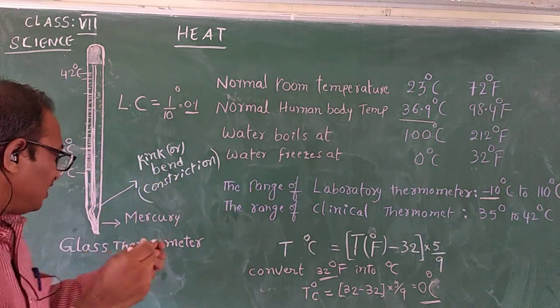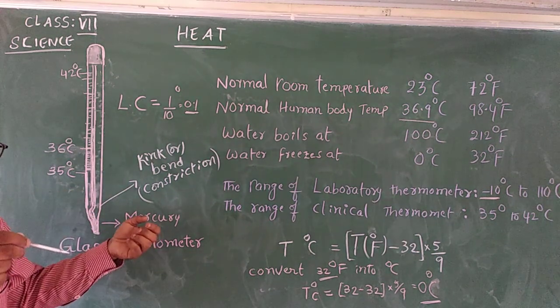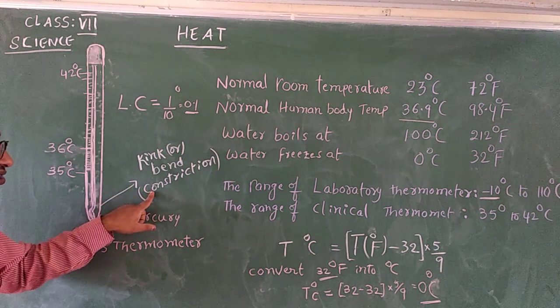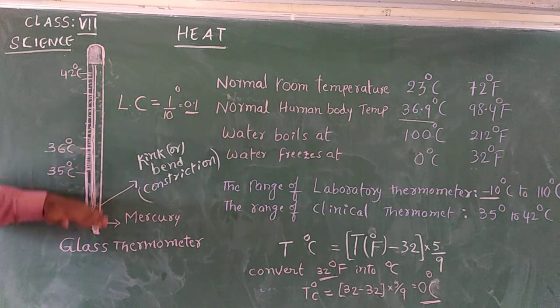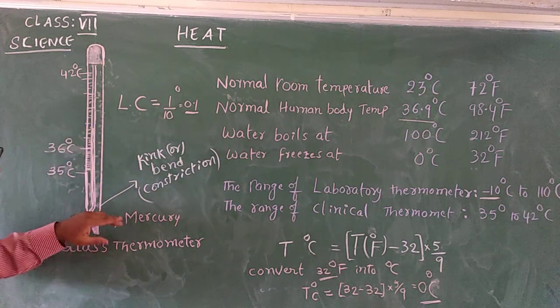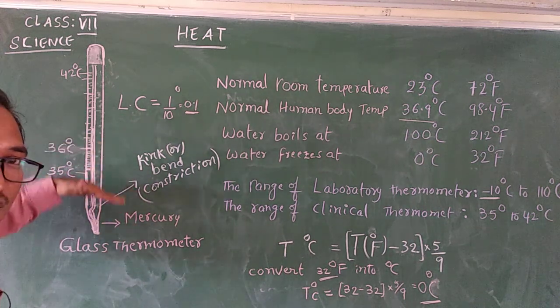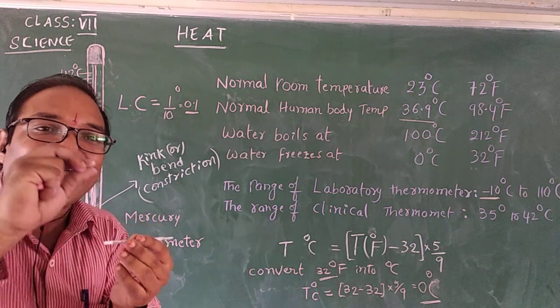By that time, if this kink or bend is not there, the mercury will fall down. This kink or bend, also called a constriction, helps the mercury not to fall down. So we can measure the temperature accurately.